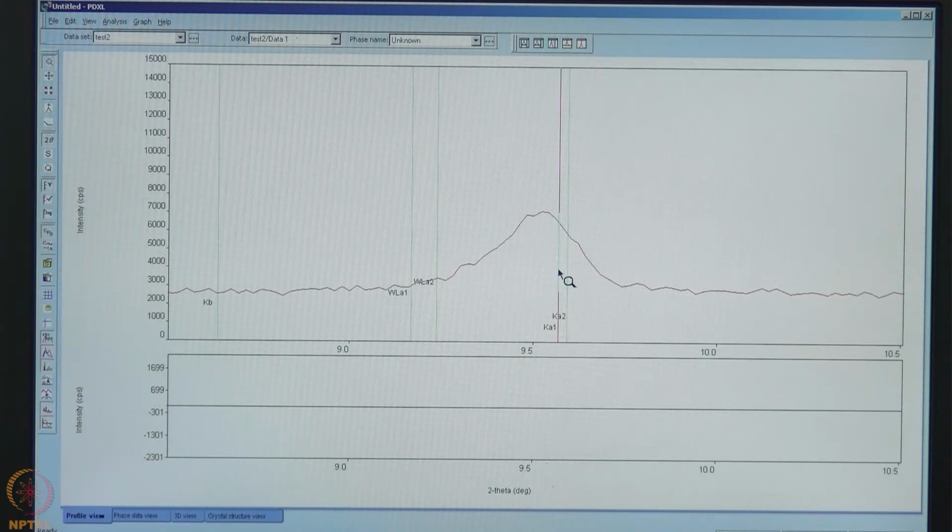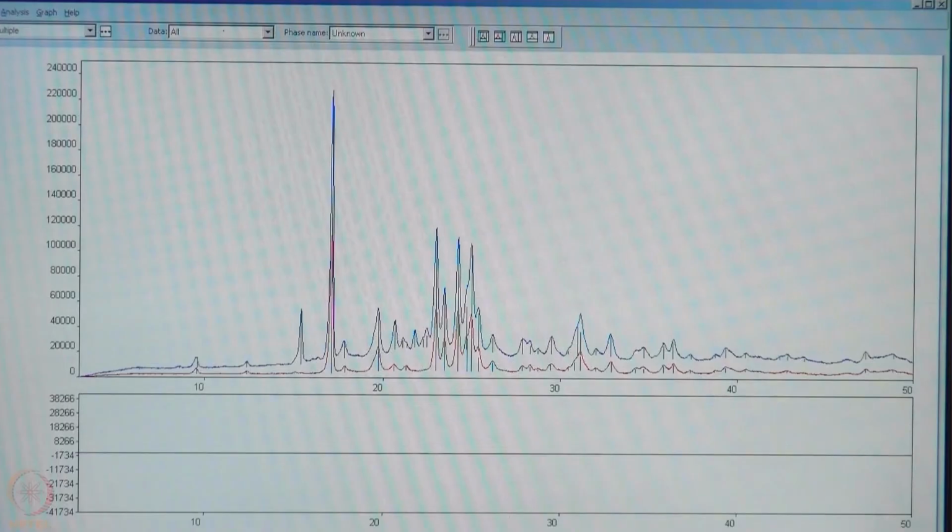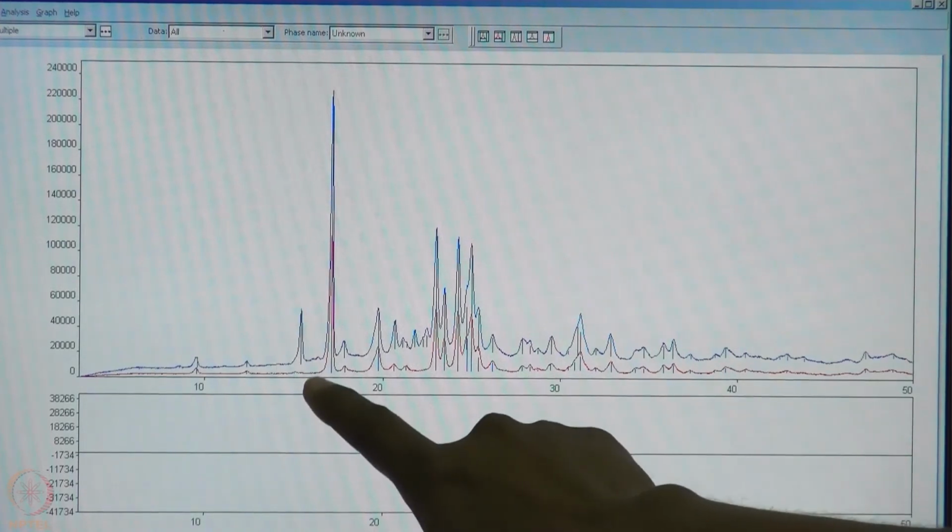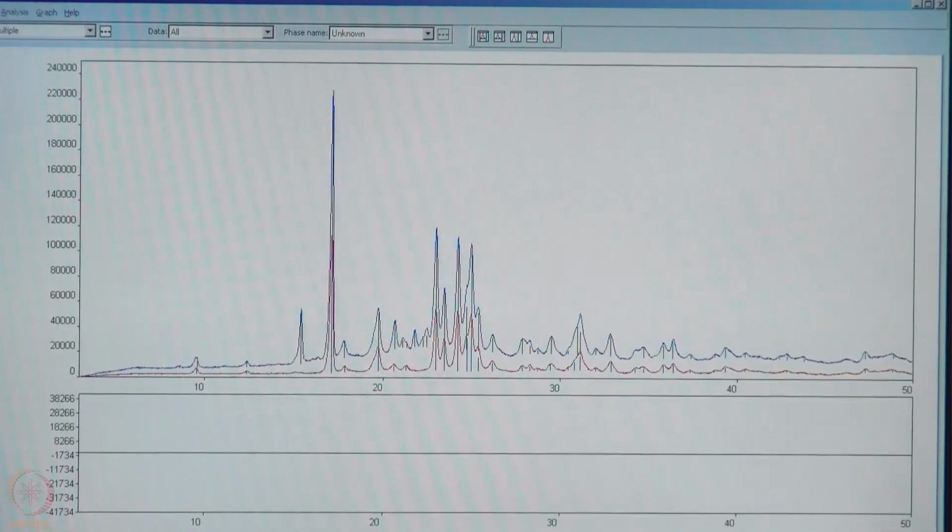So if we had not put the K beta filter, we would have got another peak corresponding to K beta radiation, and the pattern would become more messy. So here on the screen, what we are now seeing are two diffraction patterns. One is displayed as red, the other one is displayed as blue.